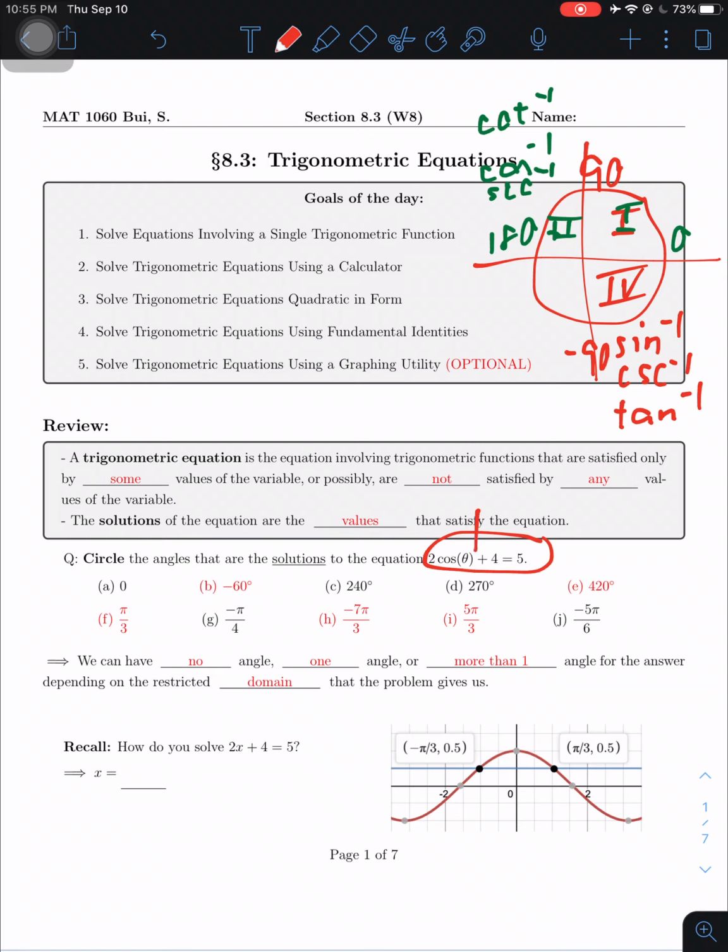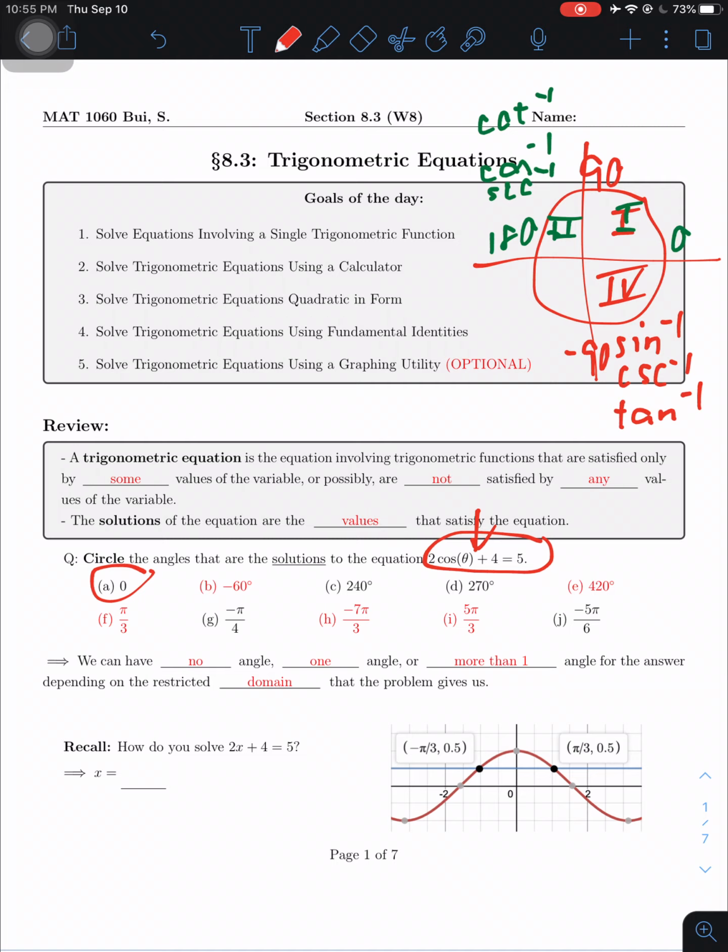In place of theta, you can plug in 0 first. On the left-hand side, you're going to get 2 times cosine of 0 plus 4. If you have degrees, put the calculator in degree mode, and if you have gradians, put it in gradian mode. This is about the mode on your calculator. For part A, there's no degree symbol, so it has to be in radians.